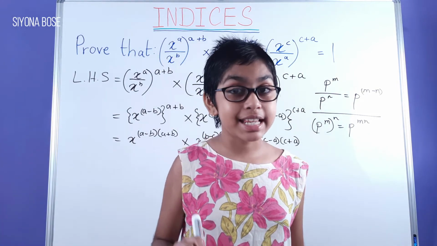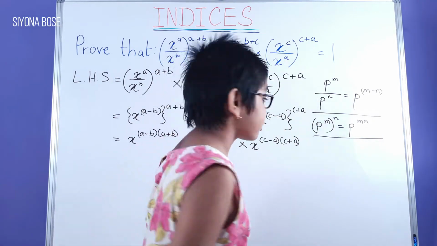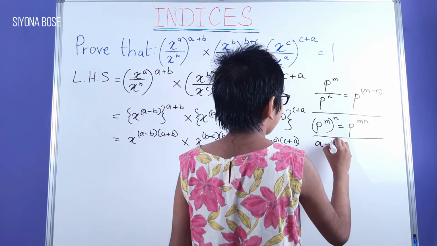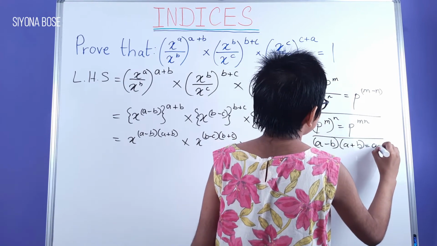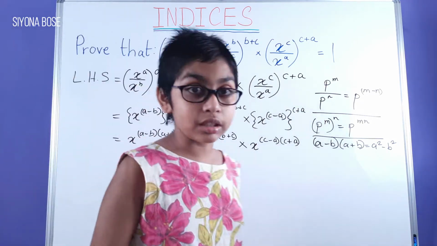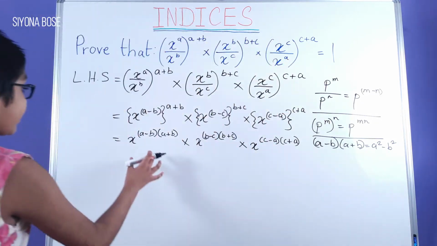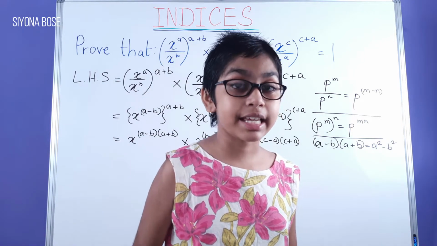Here we can use an identity for this multiplication, which is (a minus b) into (a plus b) equal to a squared minus b squared. We can see that all of the multiplications are in that form, so we can use this identity.